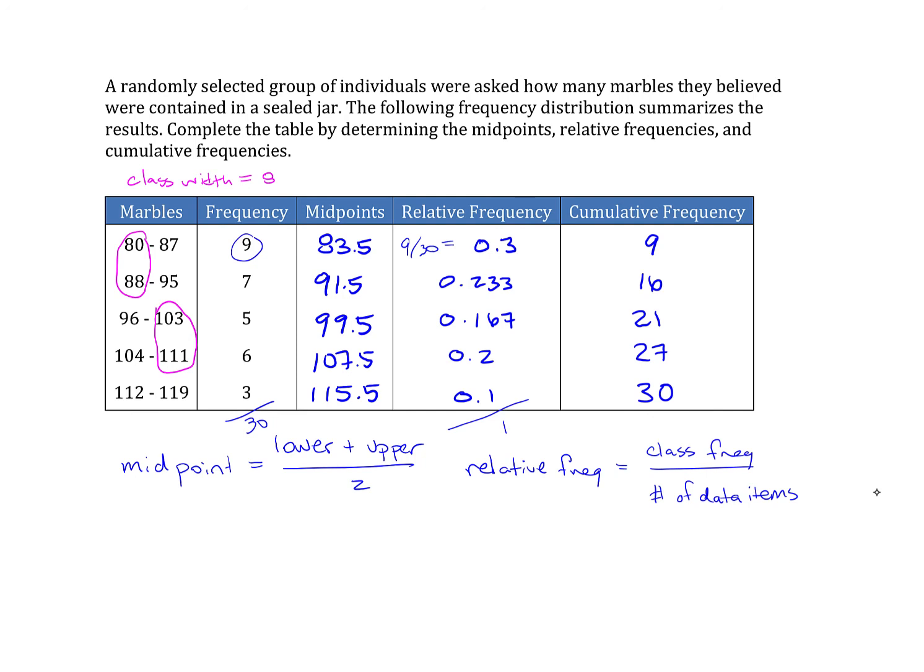So just understand the process. Again, there's no real need for formulas here. And a good check is that your last cumulative frequency should always equal the total of your frequencies. So if you've done both correctly, you should get the same result.